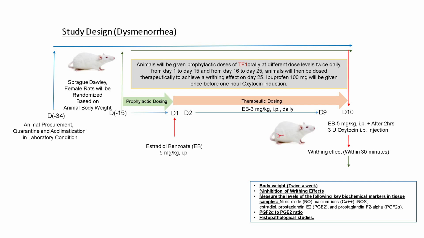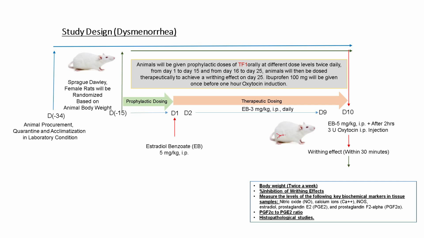And next we will go for prophylactic dosing here. Before starting the therapeutic dosing, meaning the therapeutic phase, we are going to give prophylactic dosing for 15 days. On day 1 we are giving estradiol benzoate 5 mg per kg IP.